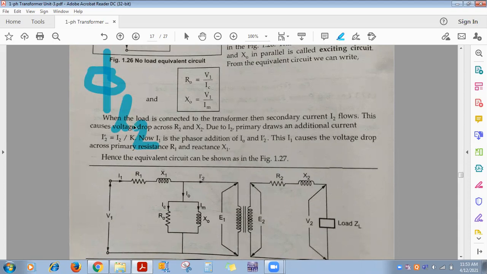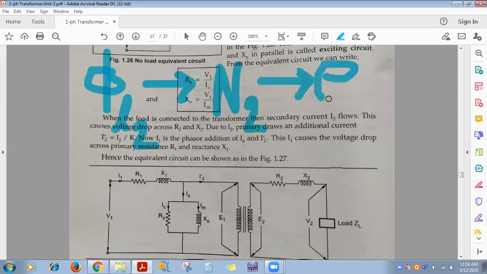That is the leakage flux, and the maximum percentage of flux flows through the core. This leakage flux on the secondary side is coming in contact with N2 turns. So as per Faraday's law of electromagnetic induction, on the secondary also EMF will get induced, marked as small e suffix L2. 2 stands for secondary, L stands for leakage flux, and small e stands for EMF induced.